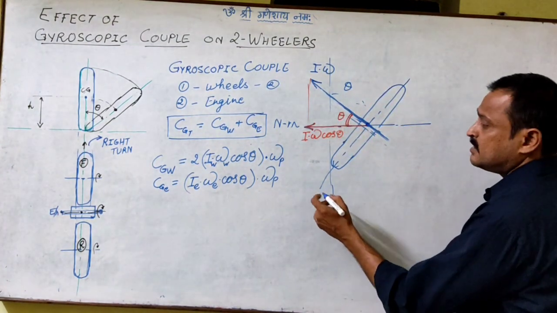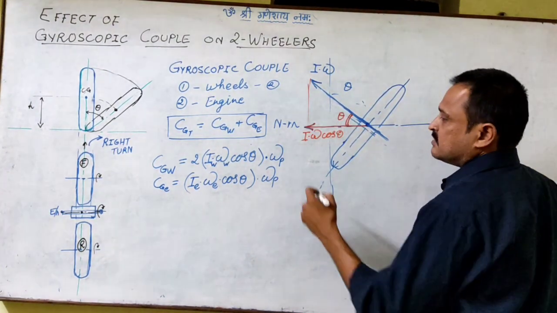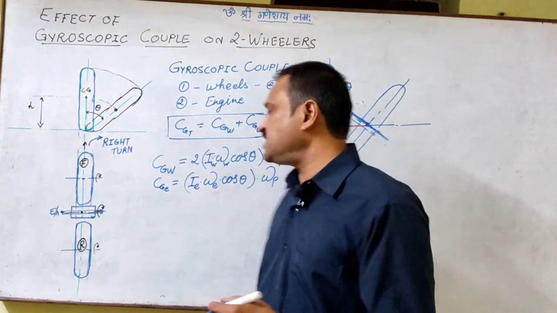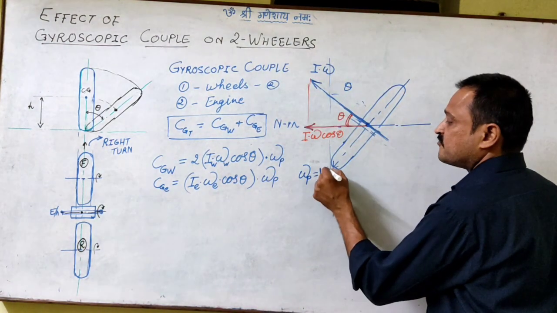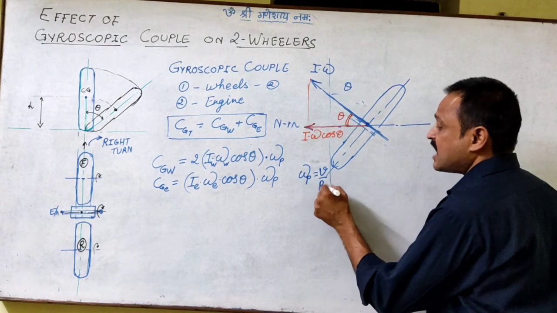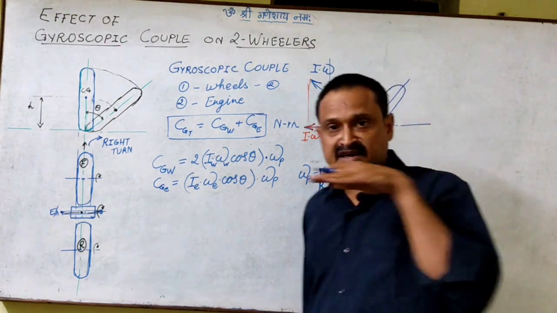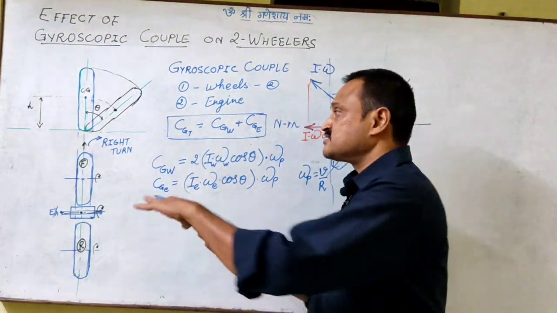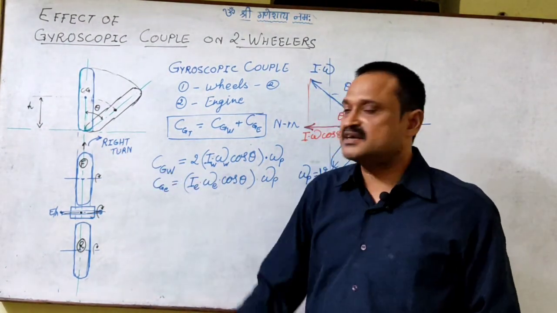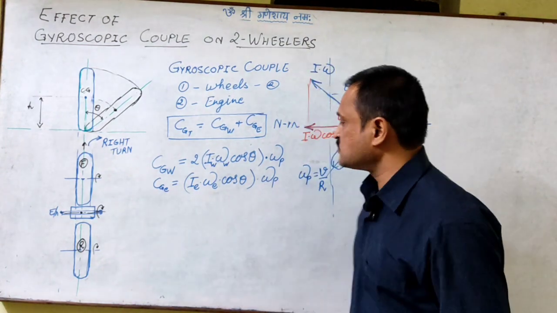Omega p is the precession velocity, where omega p is equal to v by r, where v is the linear velocity of the two-wheeler and r is the radius of turn. We have considered the right turn here, so it is the radius of turn.